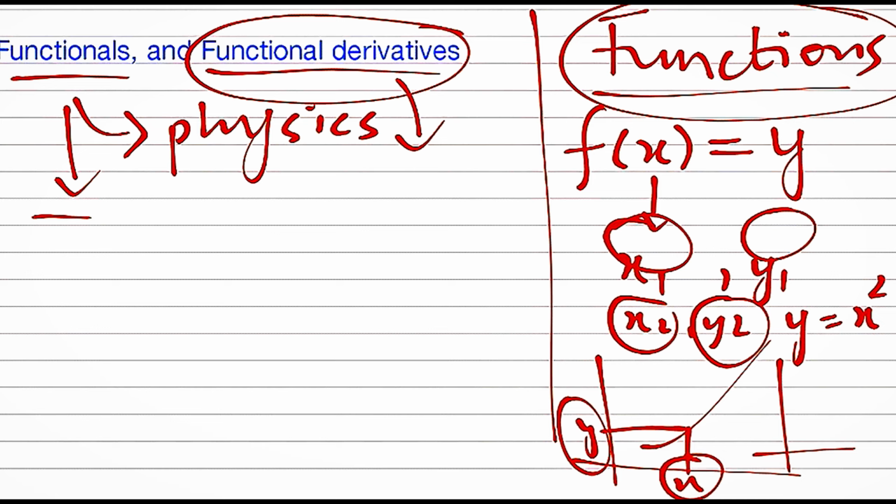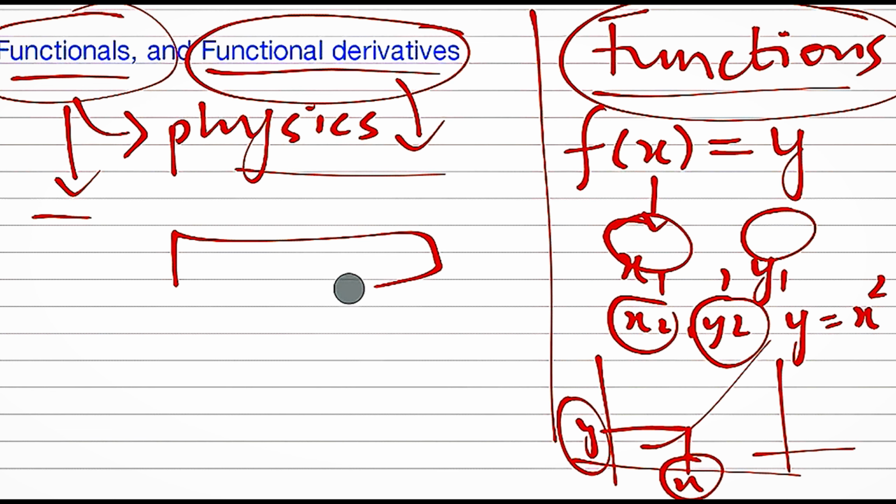I told you that they are incredibly important in physics, but you might be asking in your head, Amna, we haven't heard about functionals as often as you are stressing that they are important. The reason is that normally what we study is surface level physics.